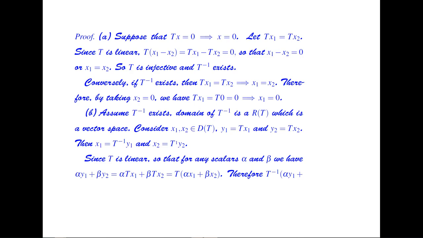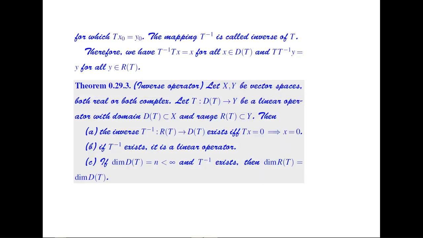So that x1 minus x2 is equal to 0, or x1 is equal to x2. So T is injective and T inverse exists. Conversely, if T inverse exists, then T x1 equal to T x2 implies x1 equal to x2. So by taking x2 equal to 0, we have T x1 equal to T of 0, which is equal to 0. Hence we have x1 equal to 0. So we get the first result.